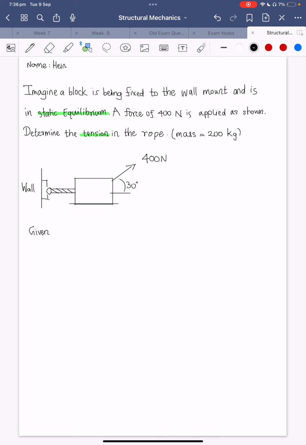All right. So first, before we start, we need to know what is given, right? So this is very important. First of all, we have to write down the block is in static equilibrium. So when I say static equilibrium, what I'm trying to say is my force in X as well as my force in Y coordinates is going to be 0.